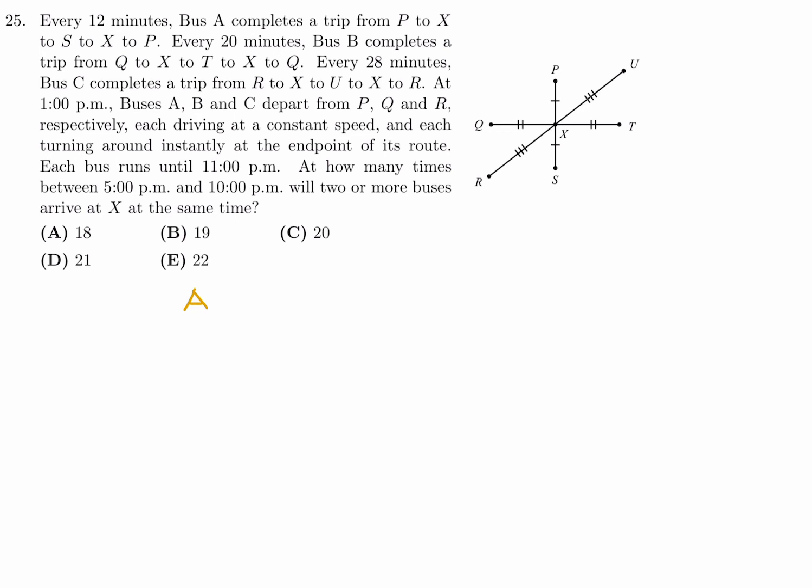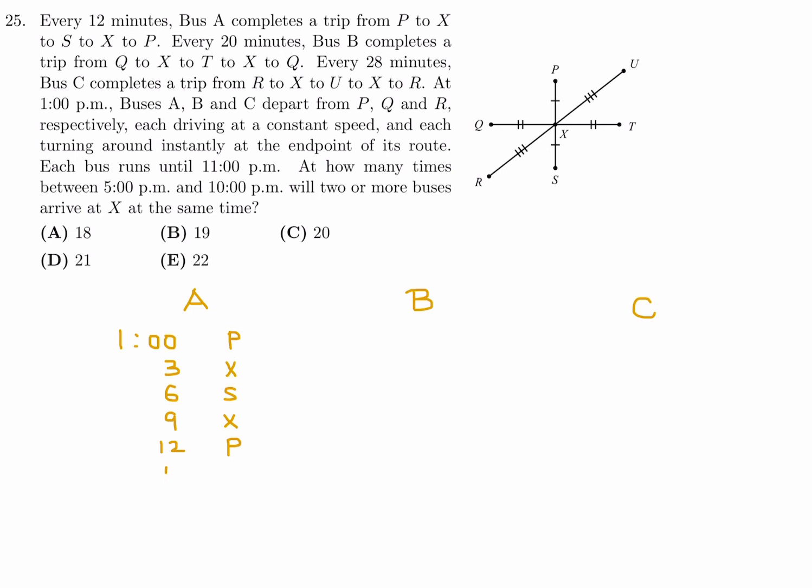Well, we need to make a table. And let's first talk about this. So our starting point is 1 p.m. And that's where we have P. And then I'm just going to write the numbers, make it a little bit faster. So at exactly 3 minutes later, it'll be at X, then 3 minutes later at S, then 3 minutes later at X again, and then finally 3 minutes later back at P. In 12 minutes, it makes that journey.